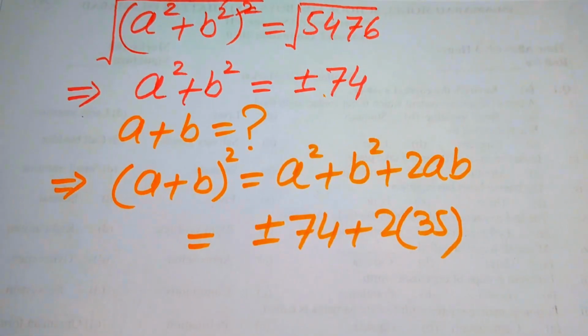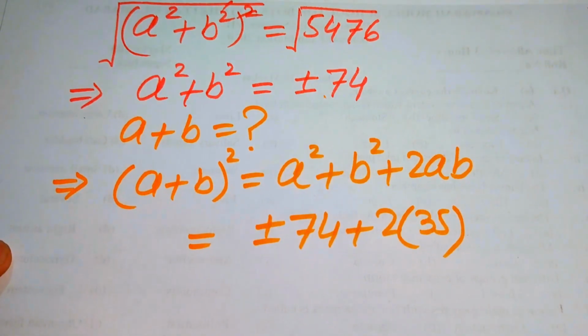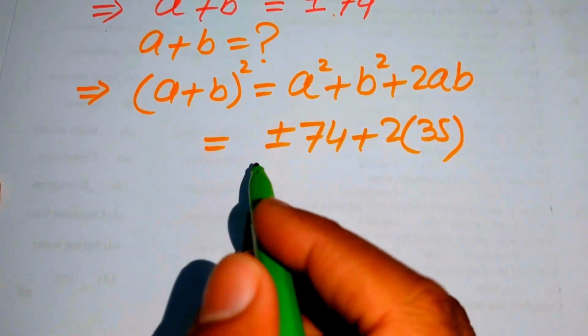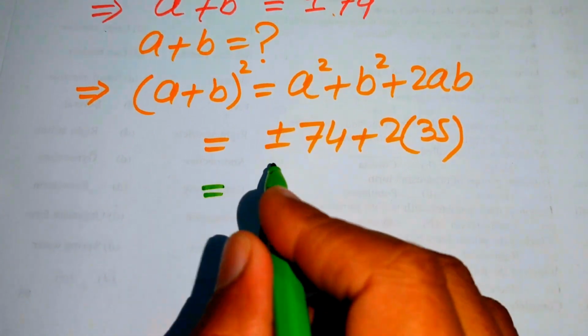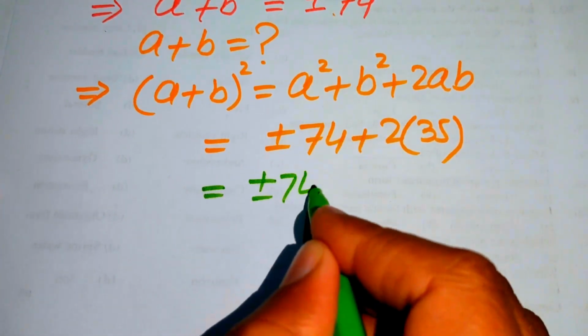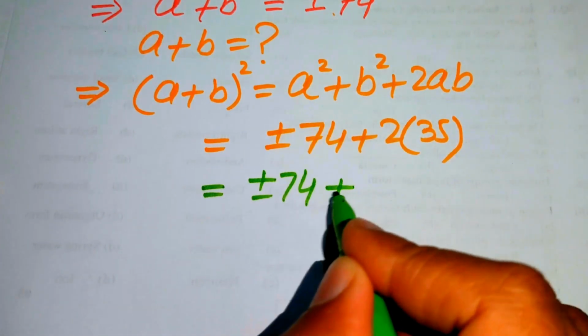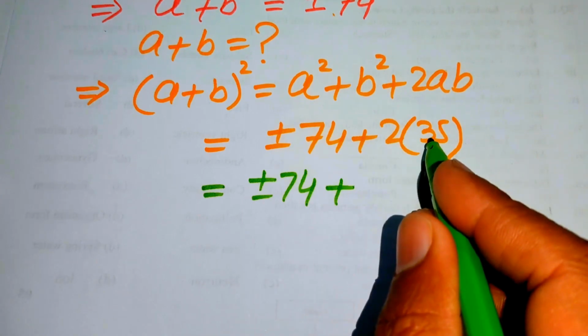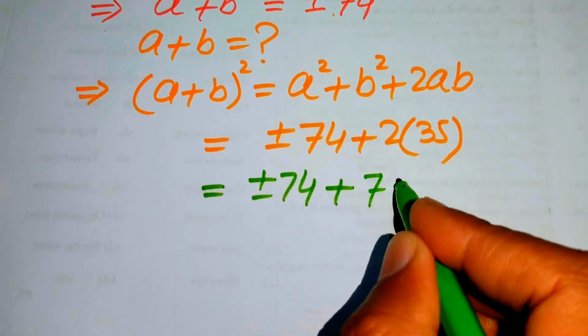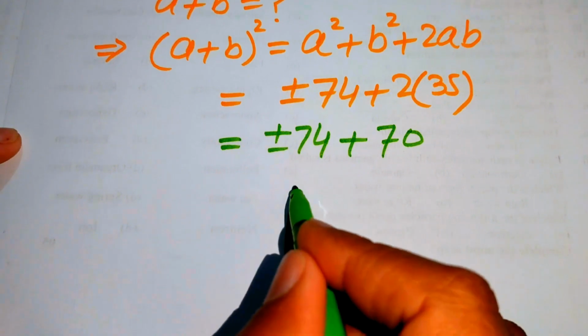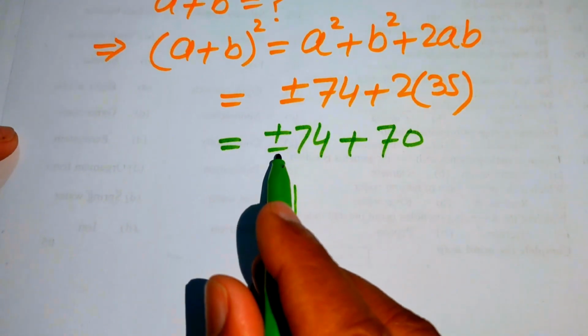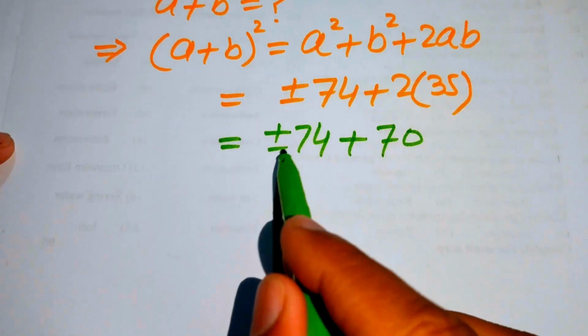Now we simplify this equation and break it into two parts. First we write it as ±74 plus 2 times 35, which is 70. So we break this into two cases: the first is the positive value and the second is the negative value.